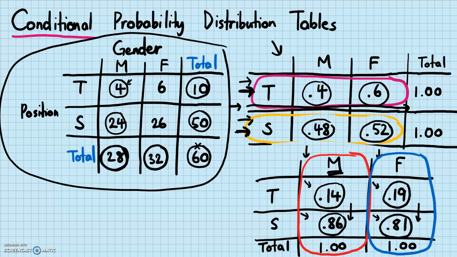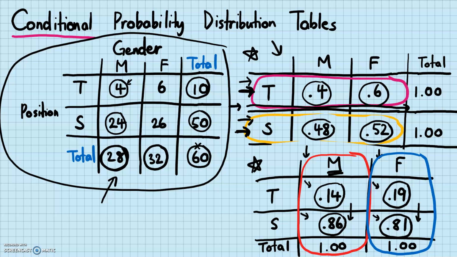So I hope that these two conditional frequency or conditional probability distribution tables make sense in what kind of information they're showing and how it is different from this data right here. All right, that's not actually different, but it shows a different kind of data.